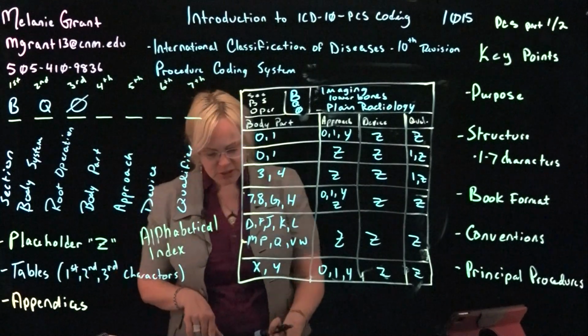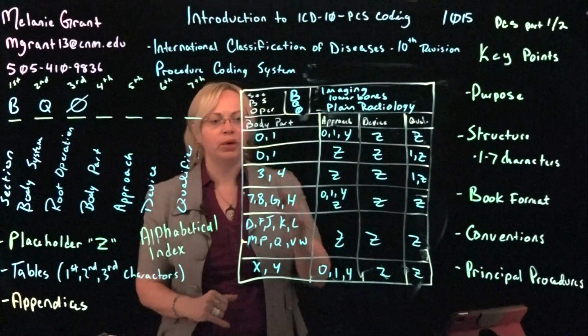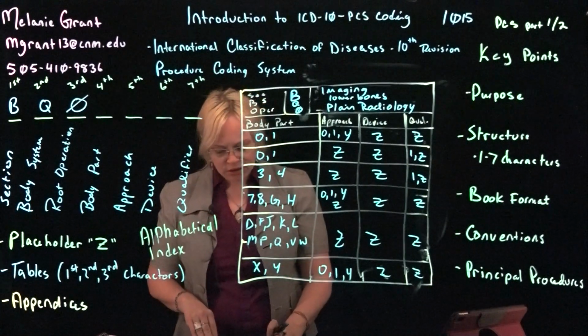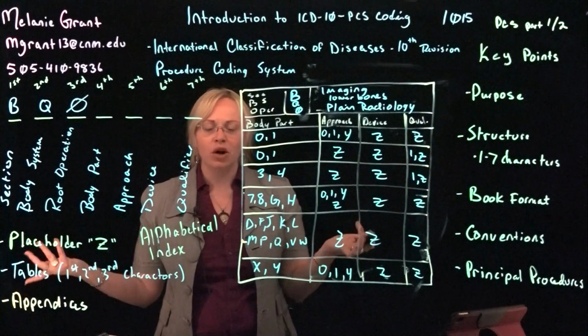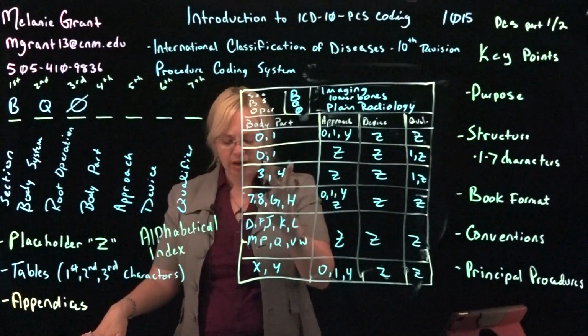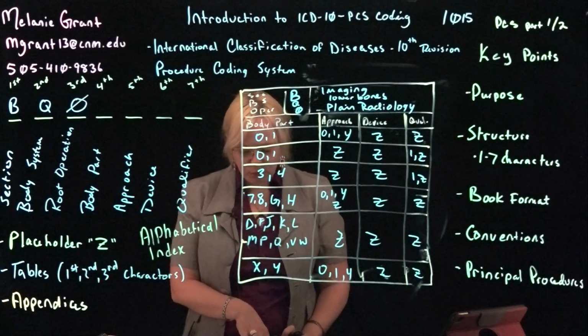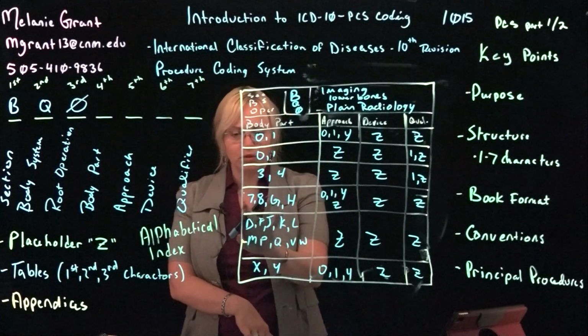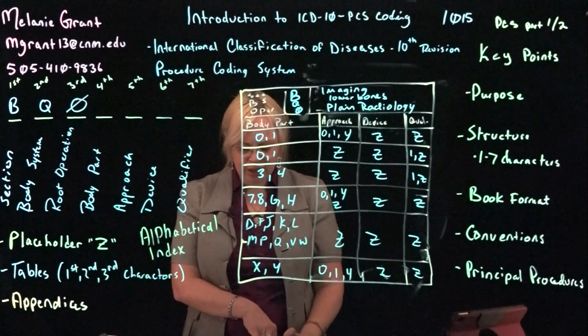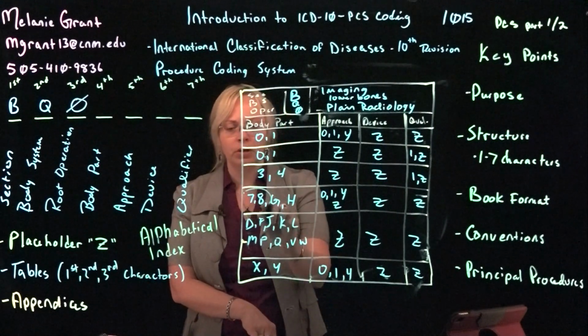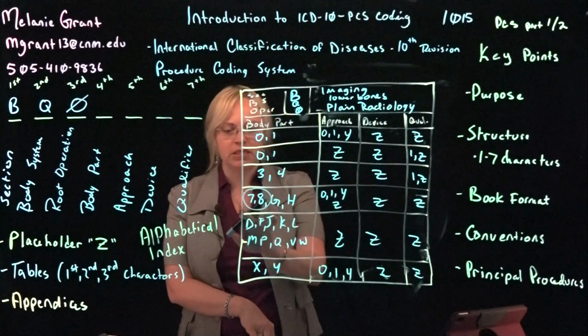Now for ours, 0 and 1 are both hips, so we don't need those tables. The next section, femur, right and left, what is the femur? That's the upper leg bone. Also not our option. But when we get to the third part of the table here, we have 7, 8, G, and H. 7 and 8 are both knees. And so we know our next one is going to be from this table.